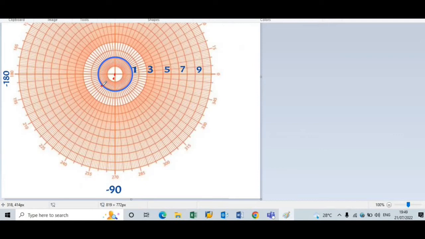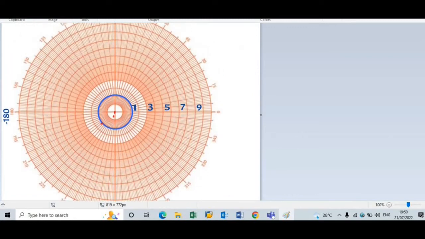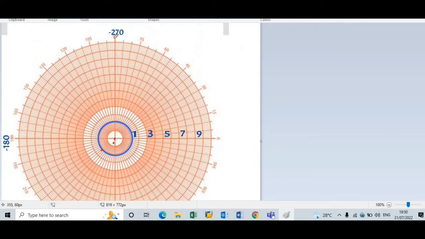Next is 3.25. So the magnitude is 3, and we will ignore this small 25. Here is the circle with magnitude 3, and what is the angle? The angle is plus 164.54. Now here the angle is plus 164. So again we will move to the next. Here the angle is plus 90.